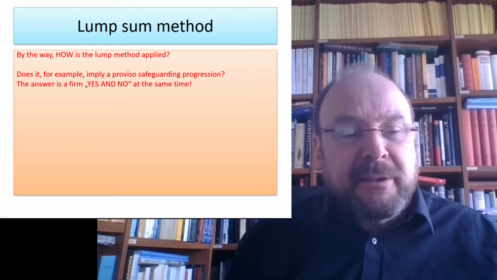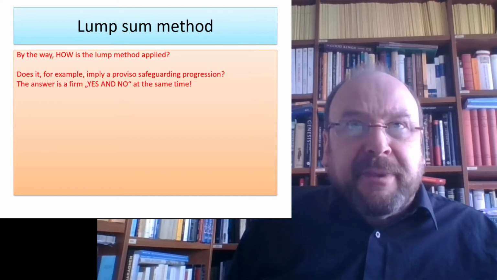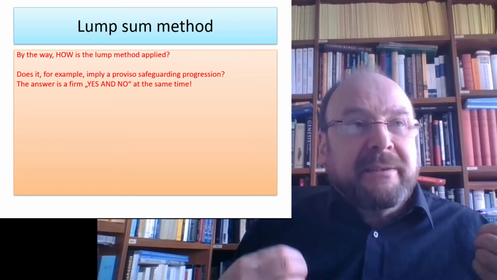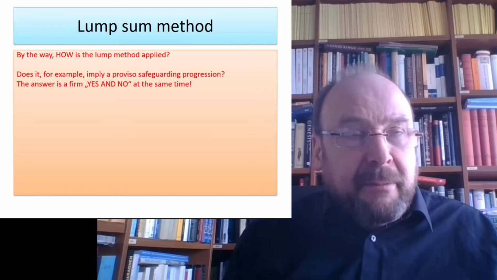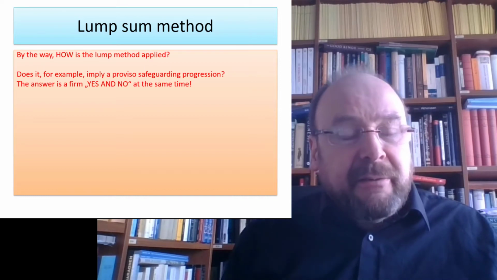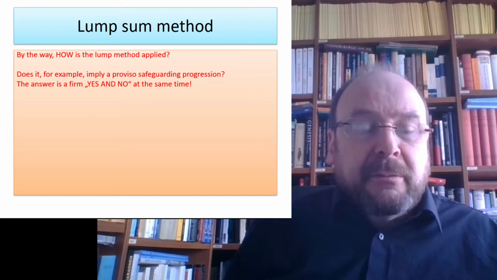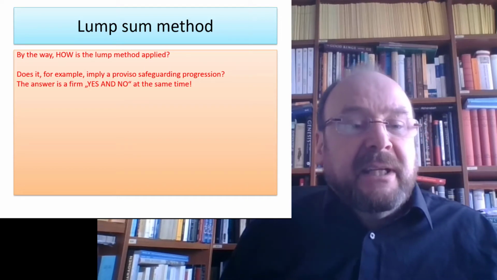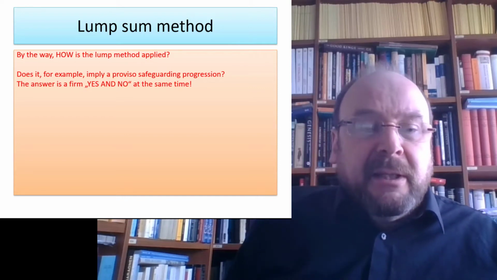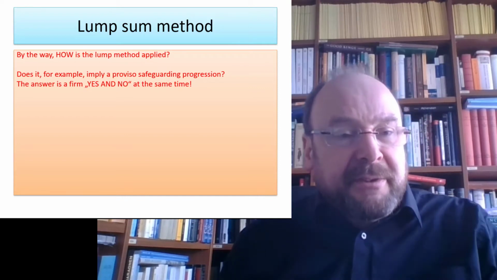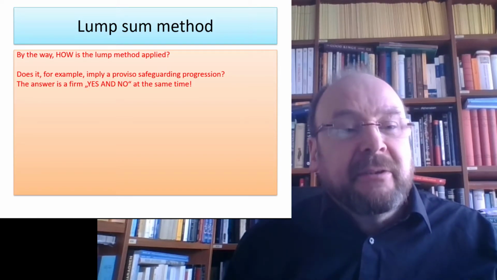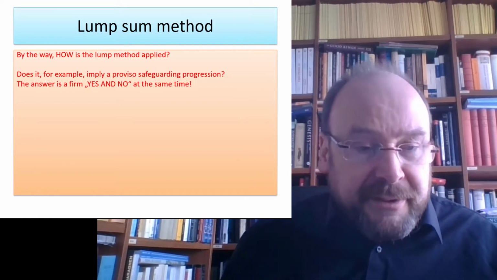And the answer is a firm yes and no, because by the way the lump sum method is technically applied, you never have a problem with the progression. So yes, indirectly you have the same effect as a proviso, and no, because of the technique of how the lump sum method is applied, you never have a need for a proviso clause.